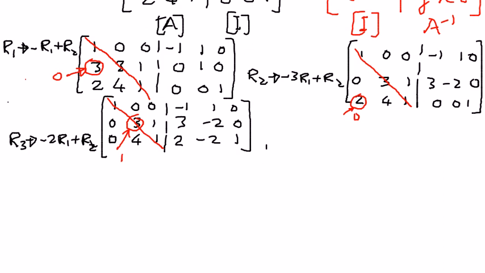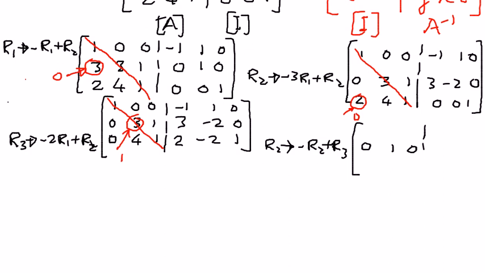The new R2 is going to be equal to R2 plus R3. If we do that, we should be able to make that location equal to 1. So when we do that, we get a 0 there, a 1 in that location, and a 0 there.